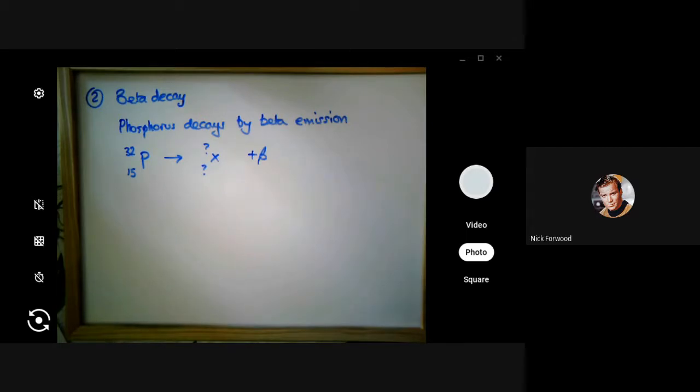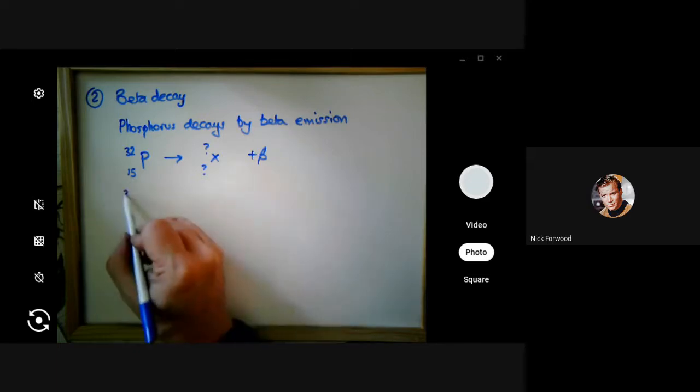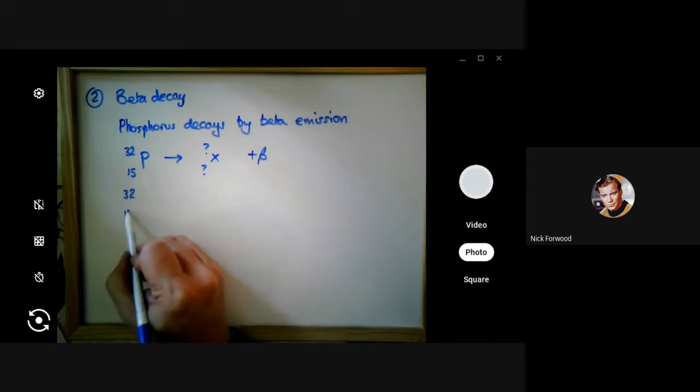Okay, so this number 15 tells you the number of protons. And what is beta decay? Beta decay is actually a neutron changing into a proton, and that proton stays in the nucleus. So we covered this very briefly before.